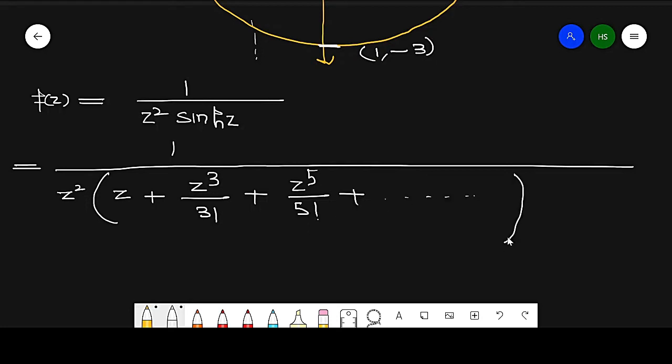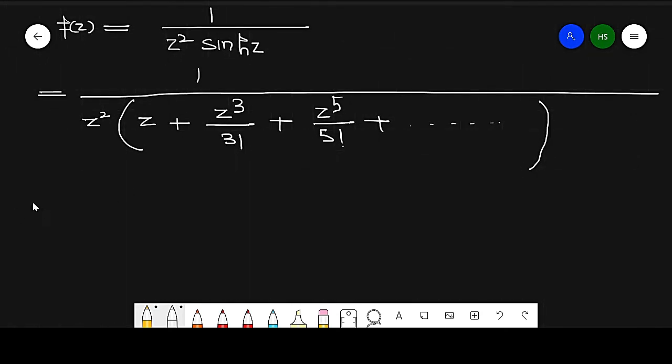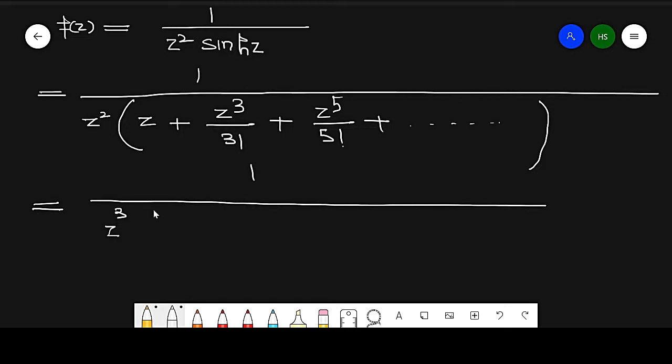If I take z outside, this is 1 by z raised to power 3 times (1 plus z square by 3 factorial plus z raised to power 4 by 5 factorial plus so on up to infinity).